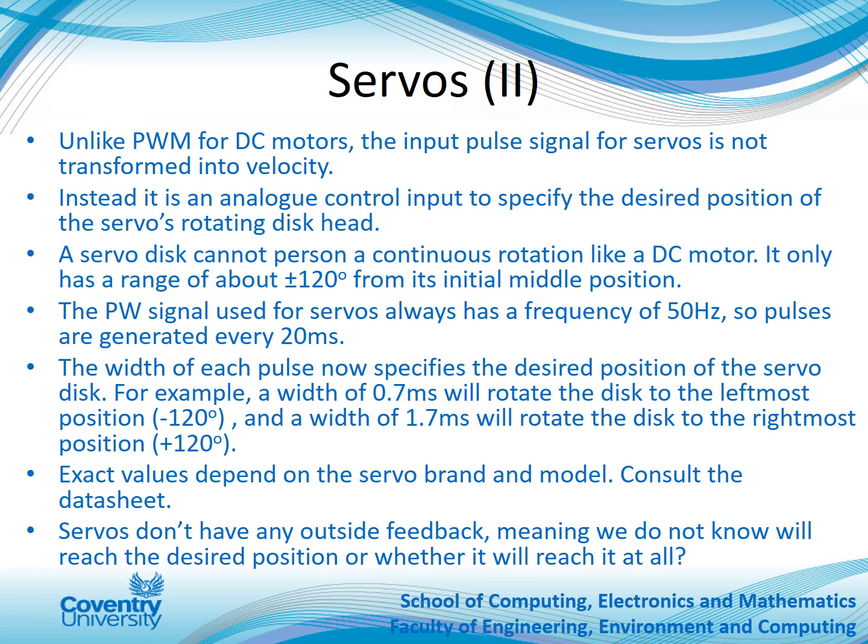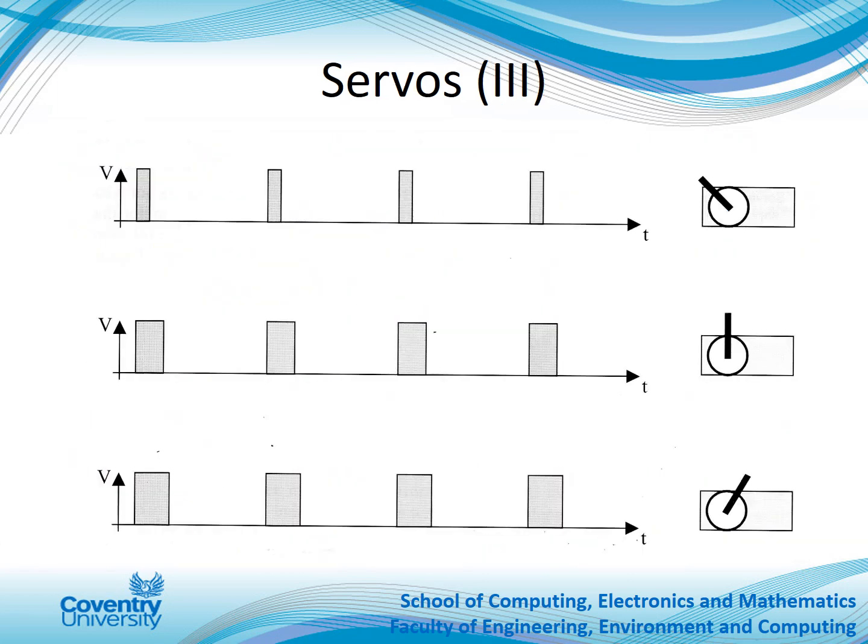For example, a PWM signal used for servos always has a frequency of 50 Hz, so pulses are generated every 20 milliseconds, and the width of each pulse specifies the desired position of the servo's disk, such as shown here. So with a certain PWM cycle, such as this shown here, it would look over here. With this width here, it would be in its neutral position, and if it's slightly wider, it would look into this position.